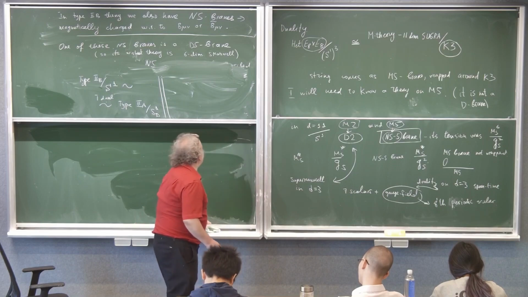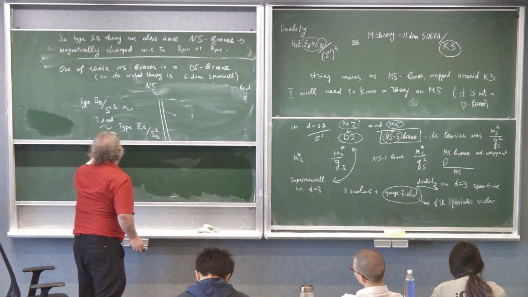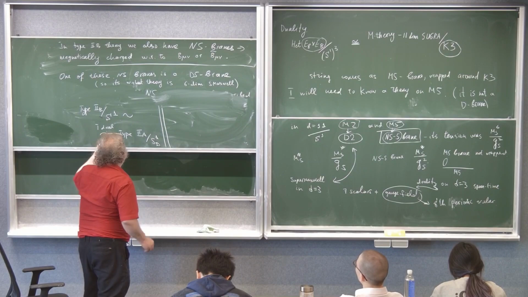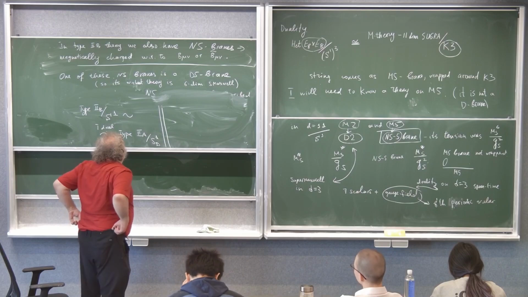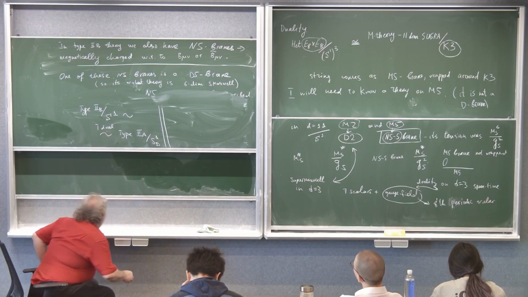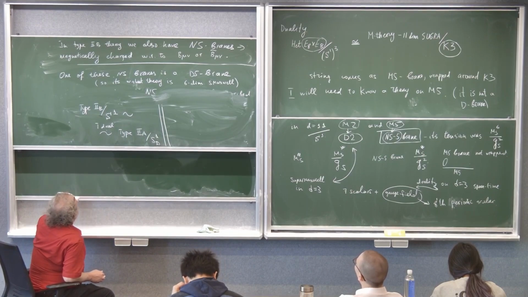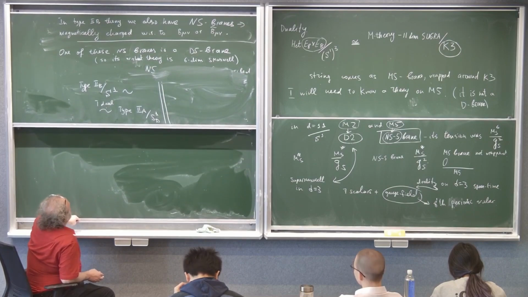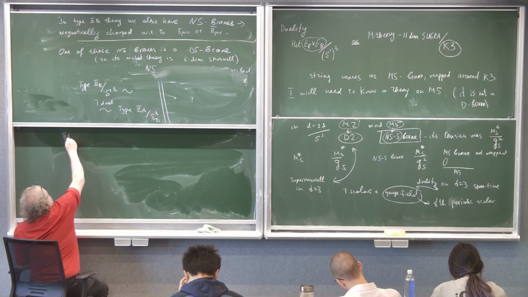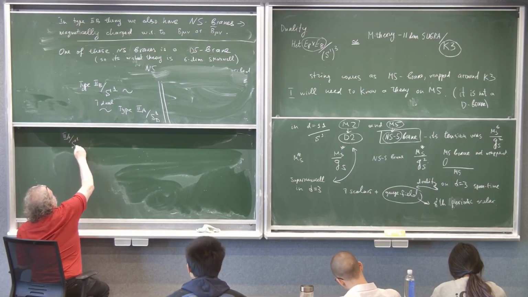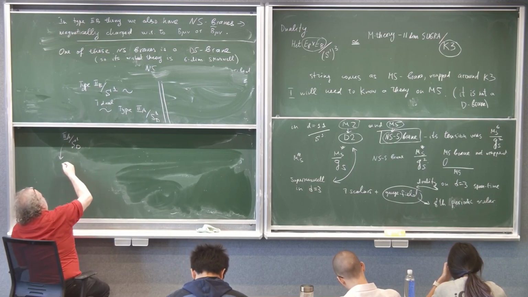In particular, I would like to trace the fate of, I would like to compare branes here and here. So, in type 2A, compactified on S1, I have the following. In type 2A, I had the following extended objects.